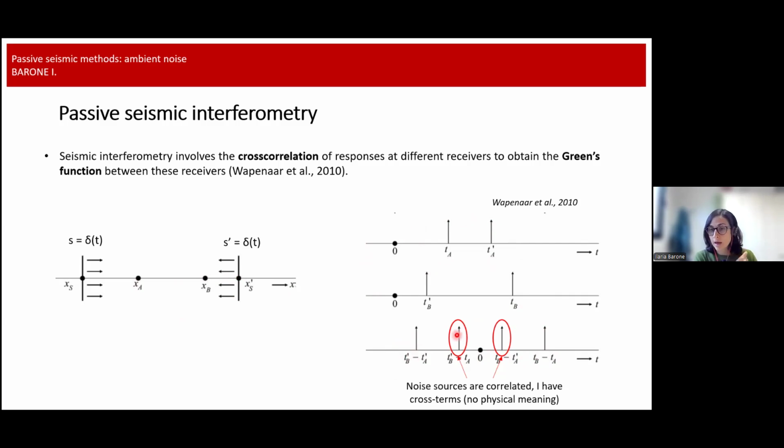But we also have these two peaks that are cross terms. These cross terms have no physical meaning, and they are there because the source on the left side and the source on the right side have exactly the same shape. They are both Diracs, so when we cross-correlate them, we have something that is non-zero, and that's exactly these cross terms.